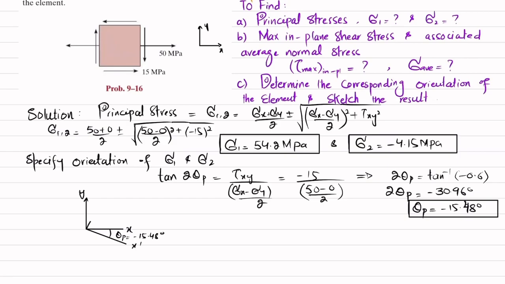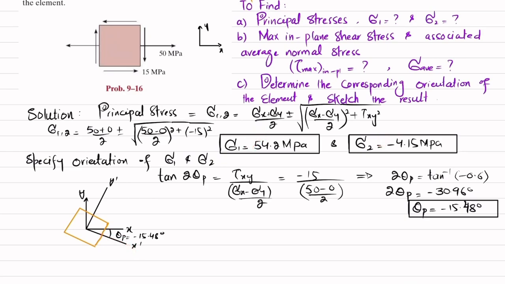So your new y dash will be this one. This will be your y dash. And if you specify the element, it will be like this, clear. So we do not know on which phase, what will be the stress at this phase, either it is sigma 1 or sigma 2.